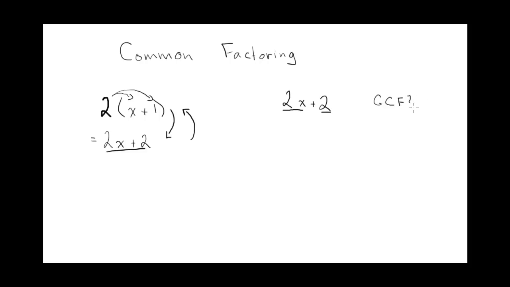Hopefully you know from the last video that the largest number which divides 2x and 2 is just 2. So we take that number outside the bracket, put it in front. Then inside the bracket, if I divide 2x by 2, I would just have an x. And if I divide 2 by 2, I would just have a 1. So I've gone in the reverse.